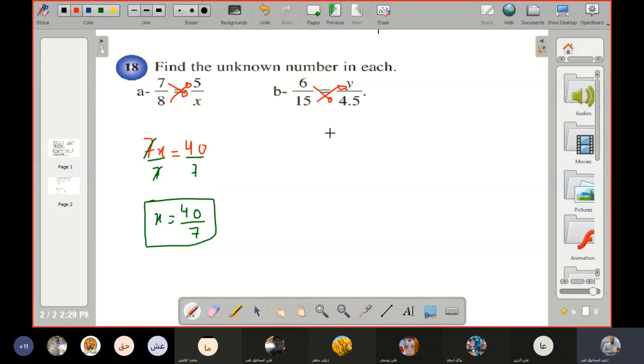Cross multiplication. Very good. So 15y. Continue, Muhammad Asim. 15 times y is 15y equal 6 times 4.5 is 27.